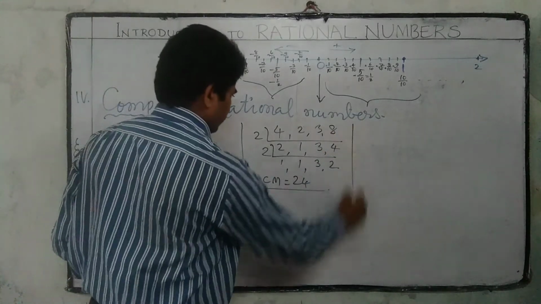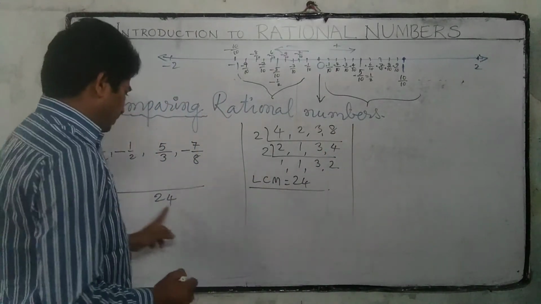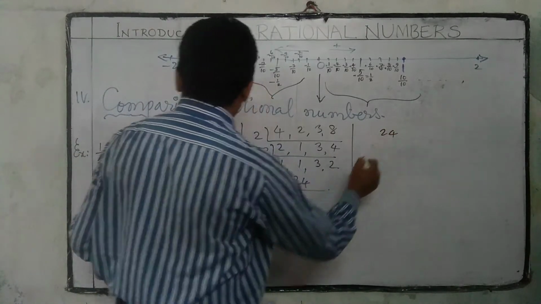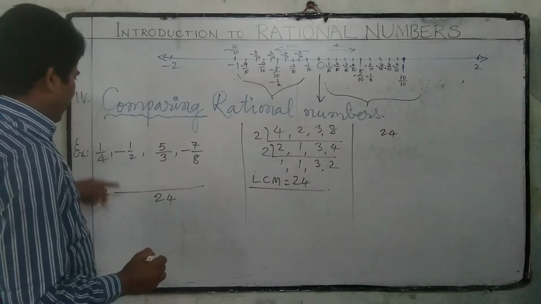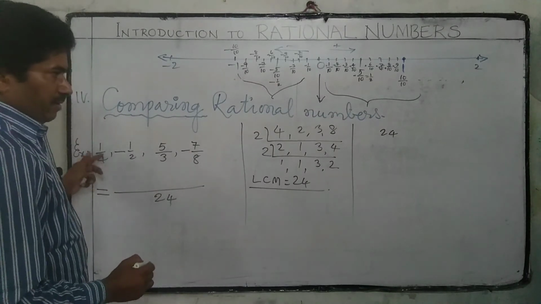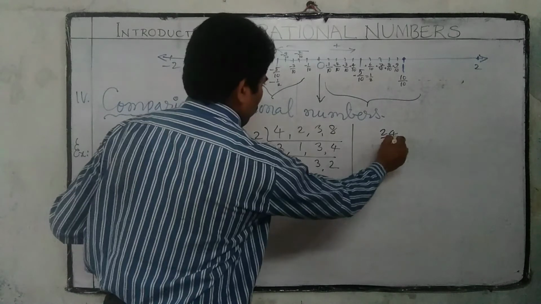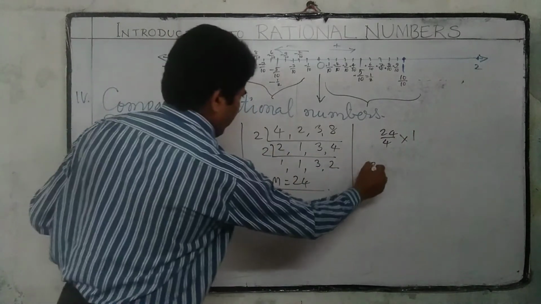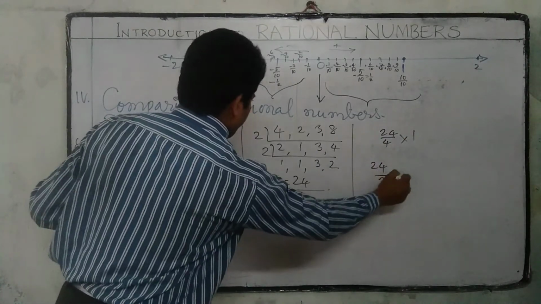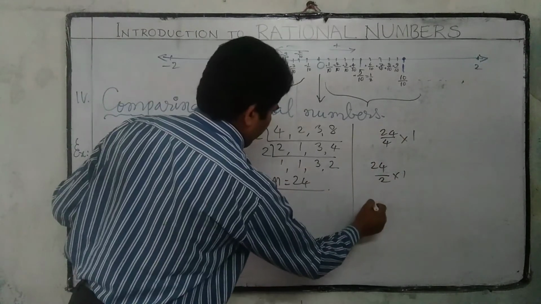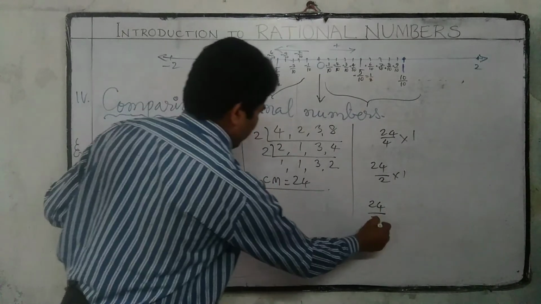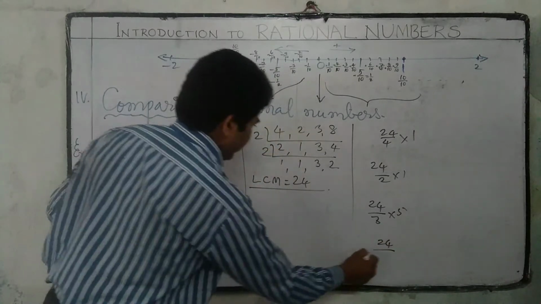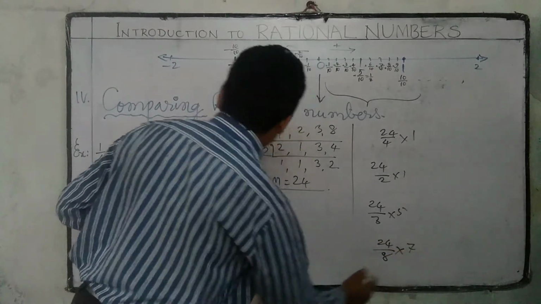Divide this. We have to write this as denominator. Divide this denominator with each and every fraction and multiply with the numerator. 24 by 4 into 1, 24 by 2 into 1, 24 by 3 into 5, 24 by 8 into 7.